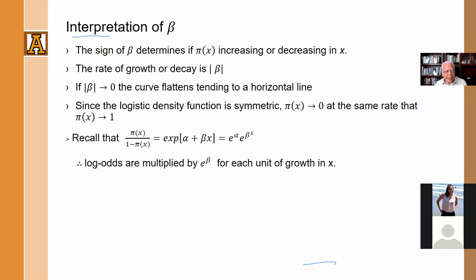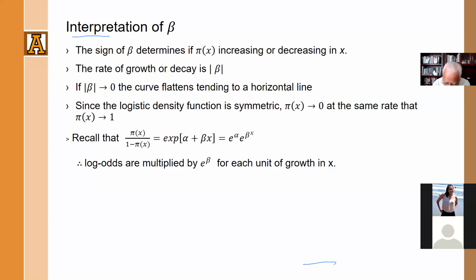What's the interpretation of beta, the coefficient in pi of x? The sign determines whether the posterior probability, the probability of y equal 1 given x, is increasing or decreasing in x for a single predictor x. The rate of growth or decay is the absolute value of beta. If it's positive, it's the rate of growth; if it's negative, it's the rate of decay.